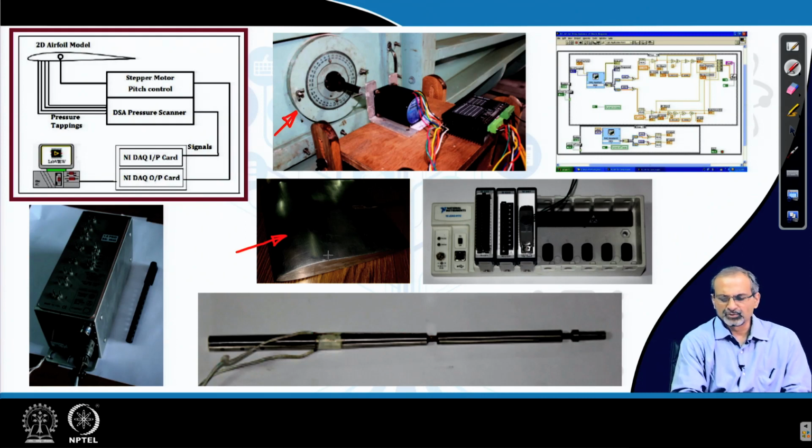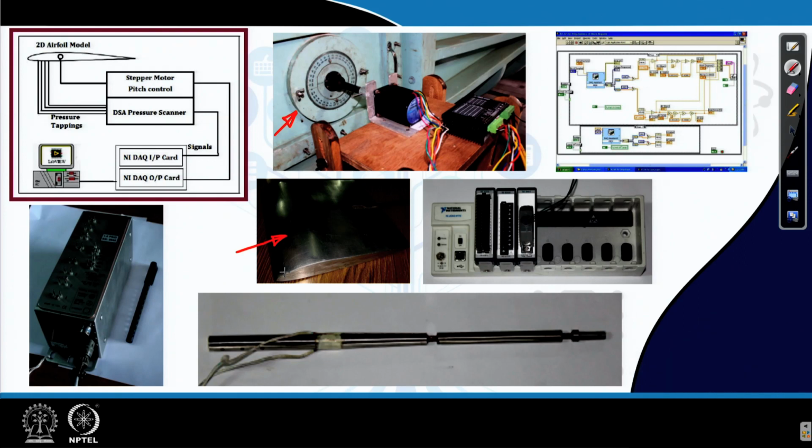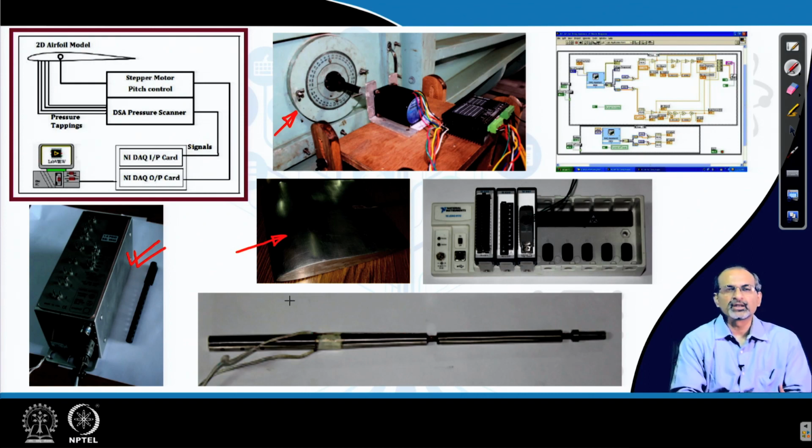For example, when you put some internal models where you have pressure ports, those pressure ports can be connected with tubings to a pressure transducer. It is an electronic gadget which can receive those pressure signals from the different ports of the model and finally convert them into some kind of electrical signal.